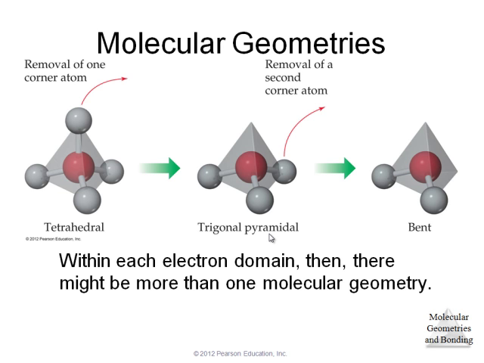If I remove 2, then what is the shape I get? A bent shape. So tetrahedral can have a total of 3 shapes: tetrahedral, trigonal pyramidal, or bent. That is only an example. Within each electron domain, there might be more than one molecular geometry. So we are going to learn that now, taking them one by one, and see what the possible shapes are in each domain.